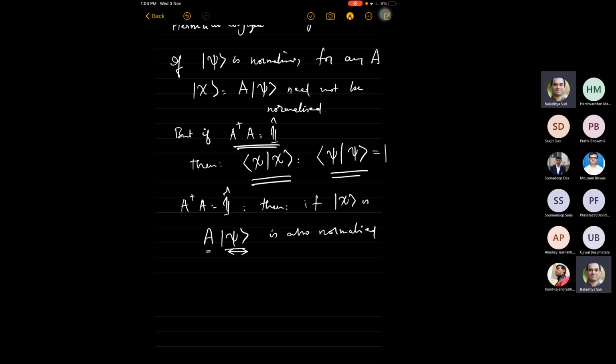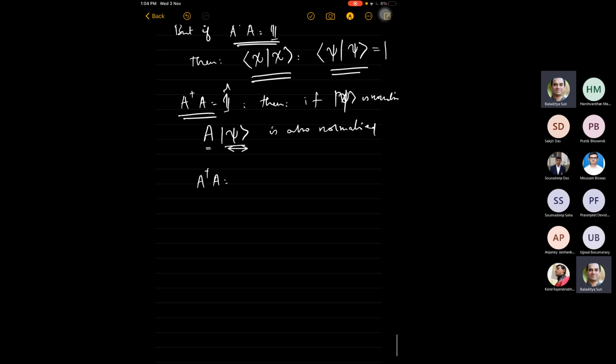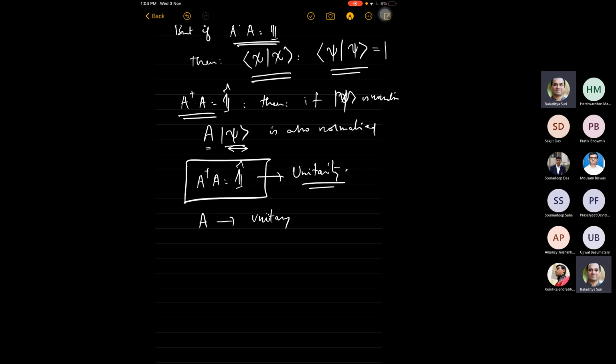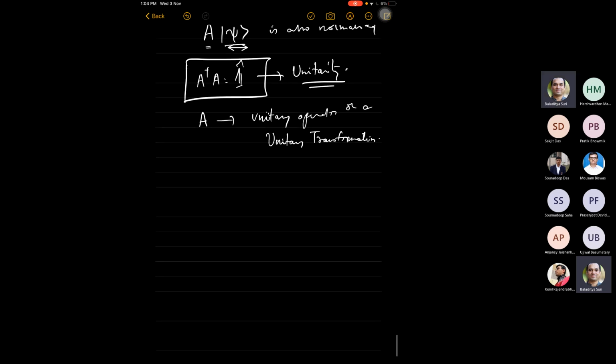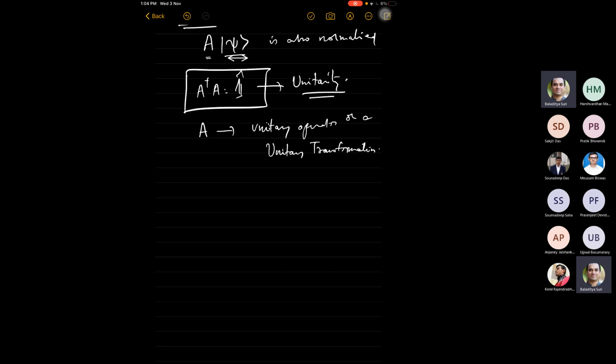This property, A dagger A equal to identity, is called unitarity. An operator A which satisfies this property is called a unitary operator or a unitary transformation.